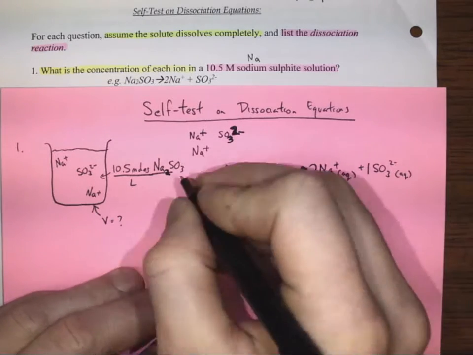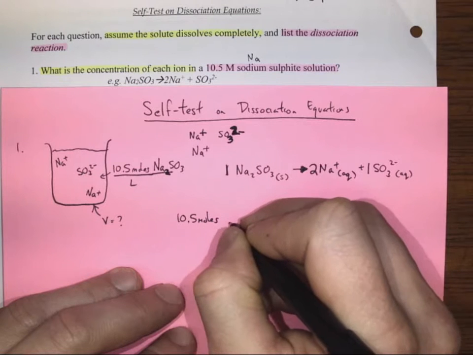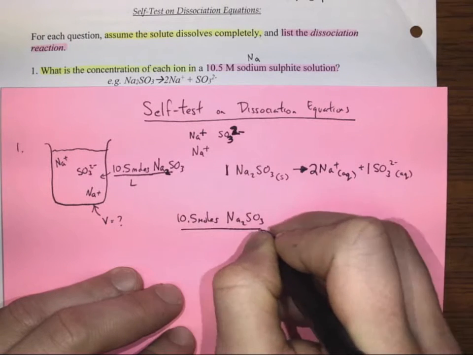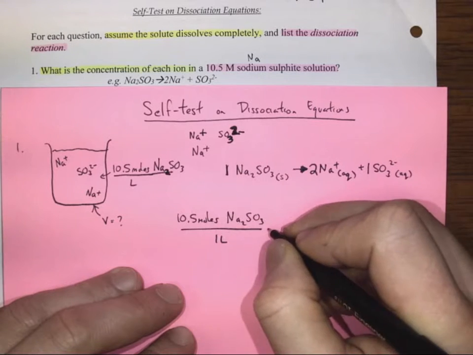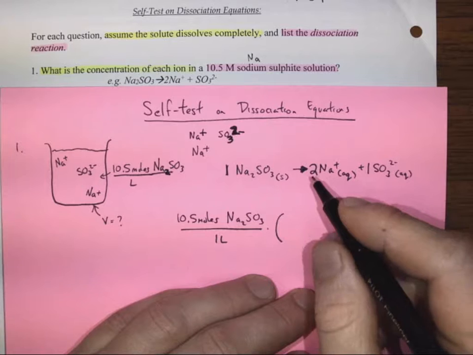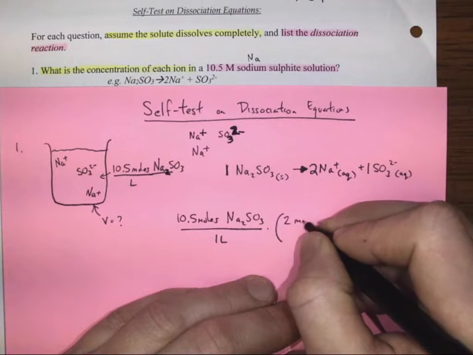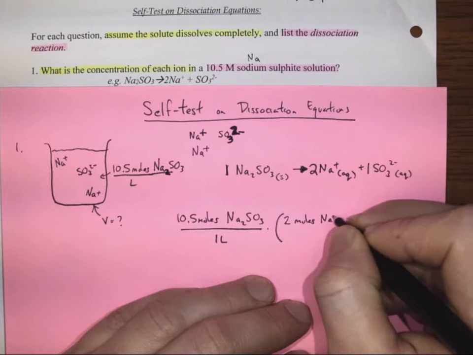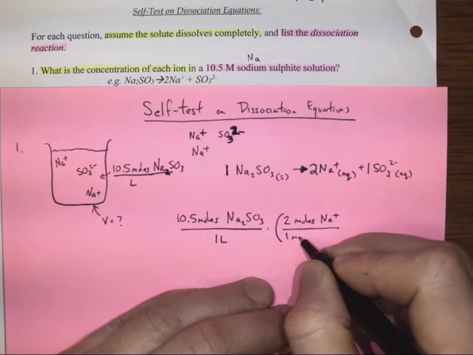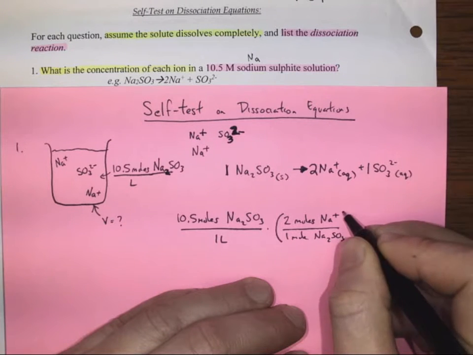Okay, so that means if this solution is 10.5 moles of Na2SO3, sodium sulfite, for 1 liter, I can multiply that. I'll start with sodium: 2 moles of sodium ions for every 1 mole of Na2SO3.